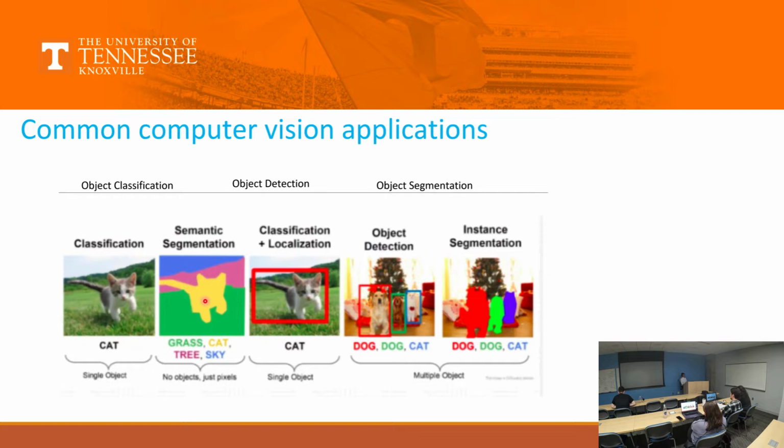Another important field that comes under UNet is semantic segmentation. So what does it do? In semantic segmentation, pixels are classified individually.